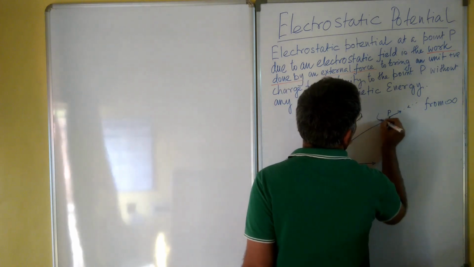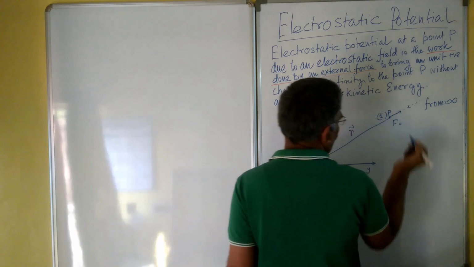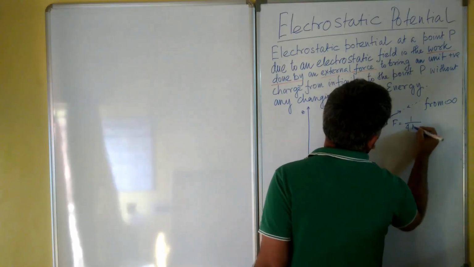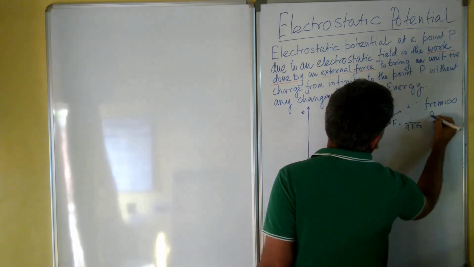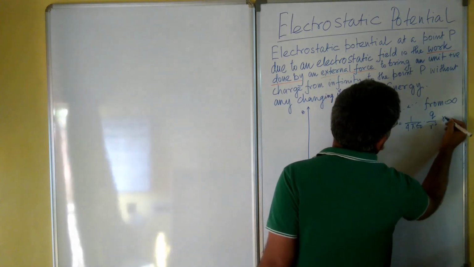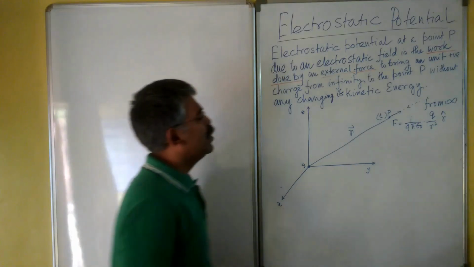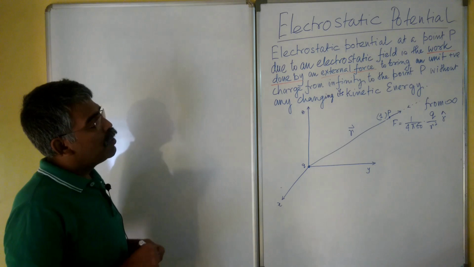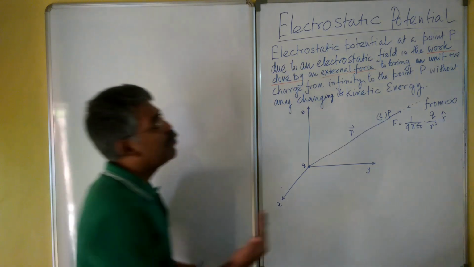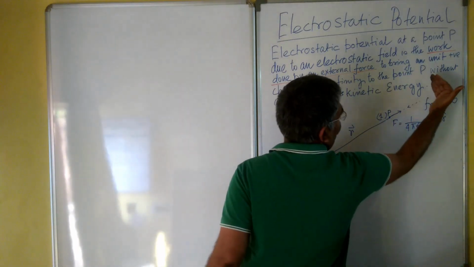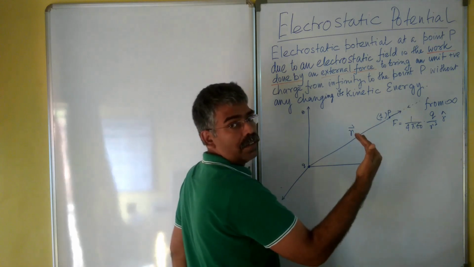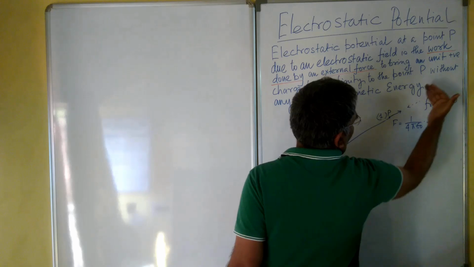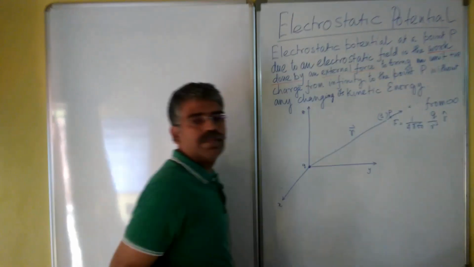So the force on this unit positive charge is 1 by 4 pi epsilon 0, q by r square, times r cap. It is radially outward. But what you have to do is give a force from the opposite direction, so that this charge from infinity comes and sits over here.